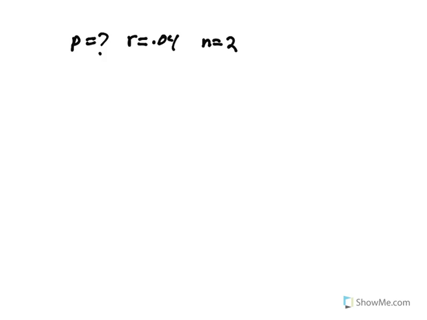It's the number of times it's compounded. Semi-annually would mean n is 2. And the future value is going to be $16,000. So you want to find what you need originally to get to a future amount which is given. And you need to use the following formula.